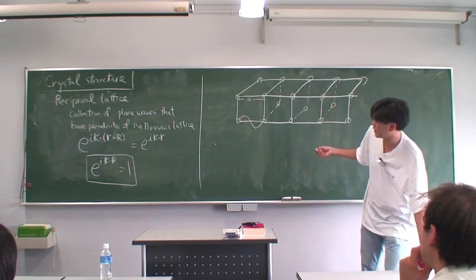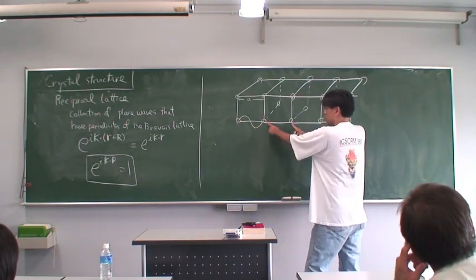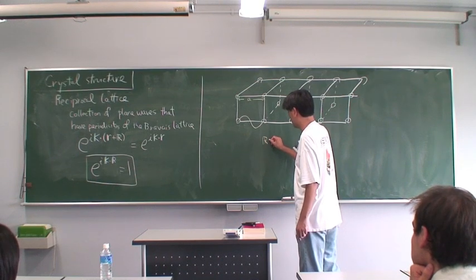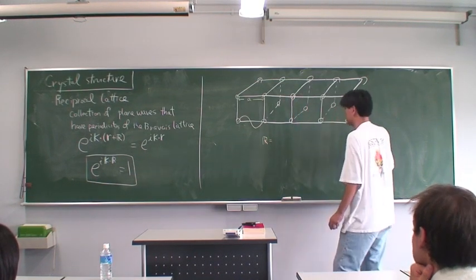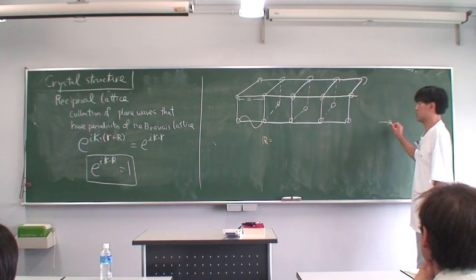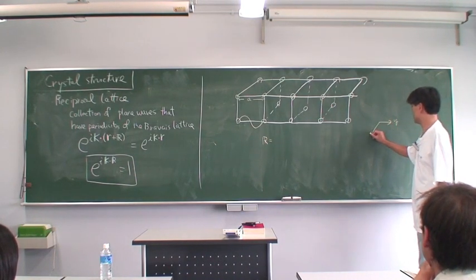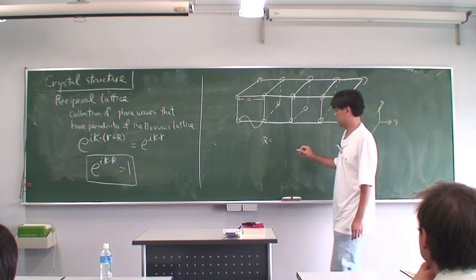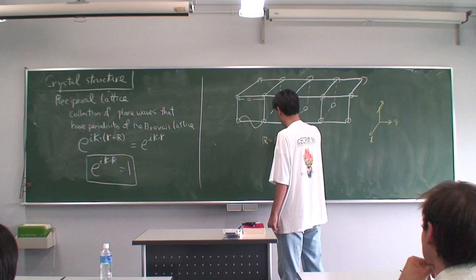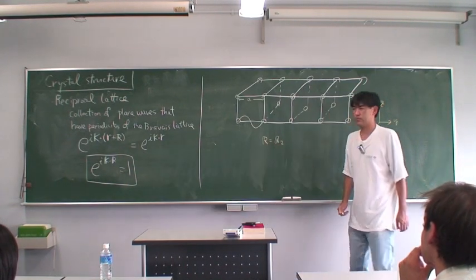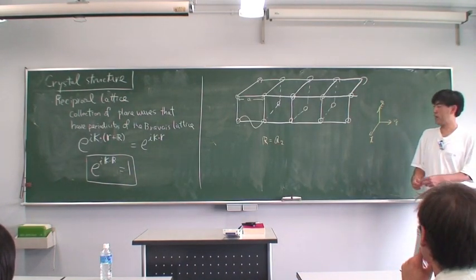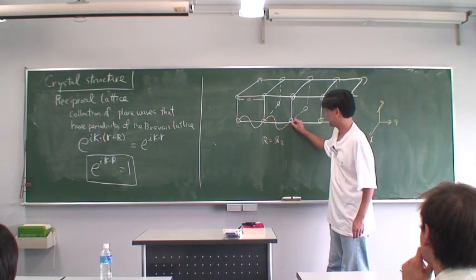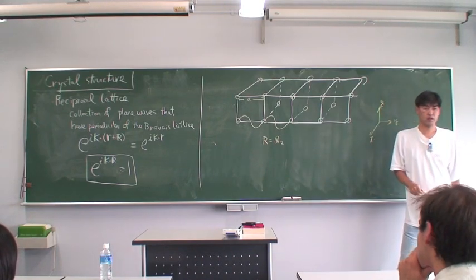Because if I translate this wave by R, let's say this is the y direction, this is the x direction, and this is the z direction. I translate this by a2 in the y direction, then what I get is the following.